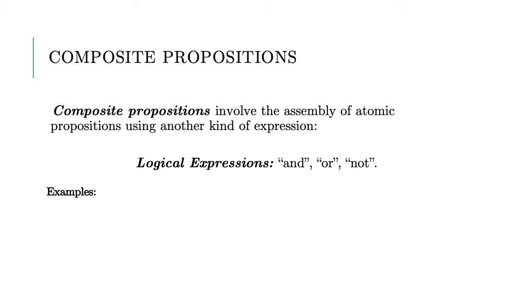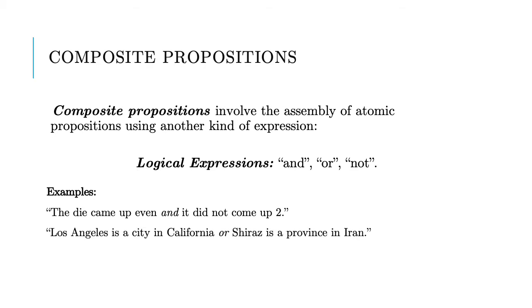We can consider examples of composite propositions like: the die came up even and it did not come up two. Los Angeles is a city in California, or Shiraz is a province in Iran. The atomic mass of carbon is not 13 daltons.